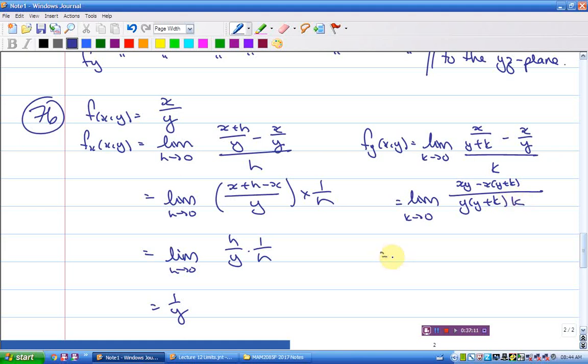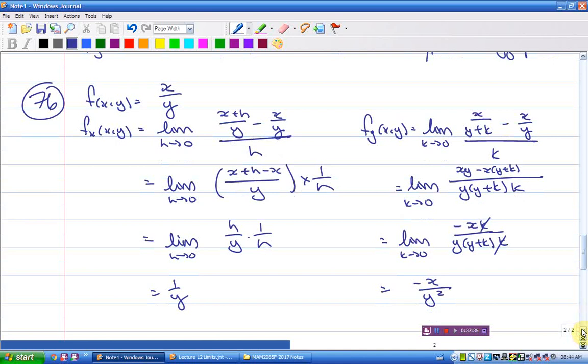So I'm going to have xy minus xk, minus xk, and at the bottom we've got y plus k. We can cancel the k's. And if we allow k to tend to 0, we have minus x over y squared, which is exactly what you would expect if you took that x over y, pretended x was a constant, and differentiated with respect to y. Because 1 over y differentiates to minus 1 over y squared.